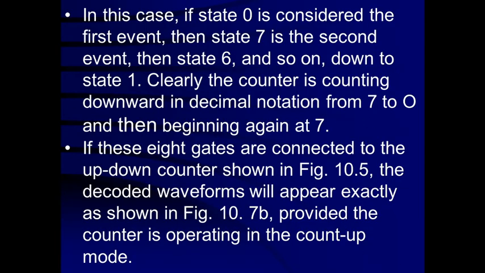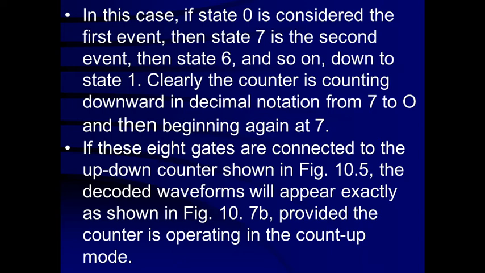In this case, if state 0 is considered to be the first event, then state 7 is the second event, state 6 will be the third event, and so on down to state 1. Clearly, the counter is counting downward in decimal notation from 7 to 0, and then beginning again at 7.